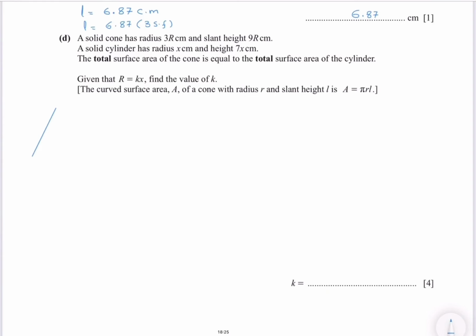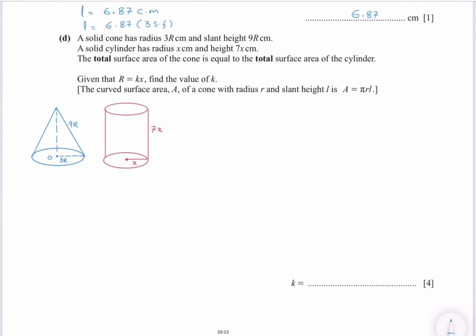So the curved surface area A of a cone with radius r and slant height L is A equals pi r L. So first work with the cone. So radius is 3r and slant height is 9r. Here the cylinder radius is x and height is 7x.